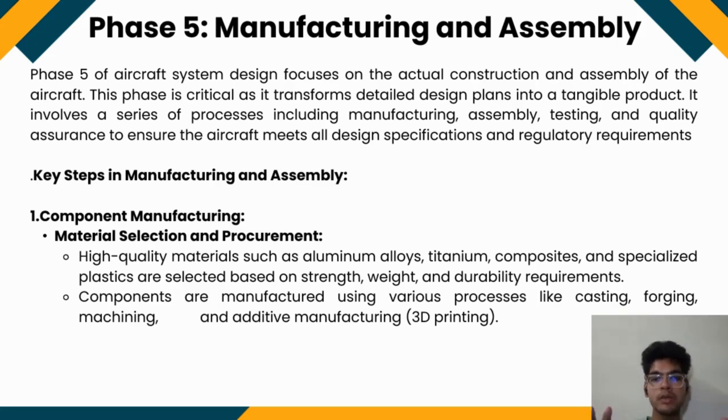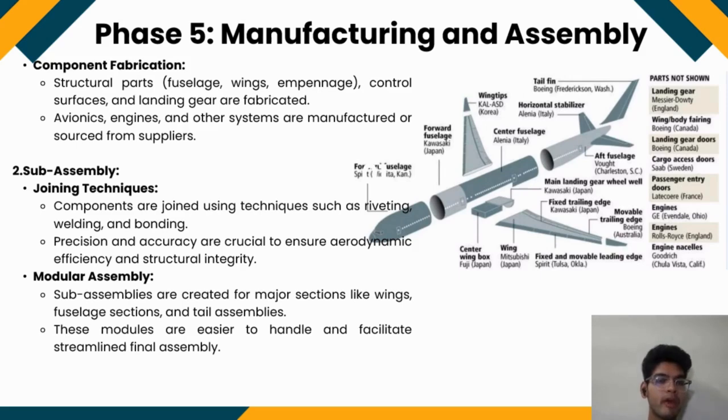This stage begins with the selection and procurement of high quality materials, for example, aluminum alloys, titanium, etc., which are chosen for their specific properties, such as their strength or their weight or their durability, flexibility, etc. So these materials are crucial for different parts of the aircraft, ensuring that it can handle various stresses and future environmental conditions. So once these materials are selected, then comes our component fabrication.